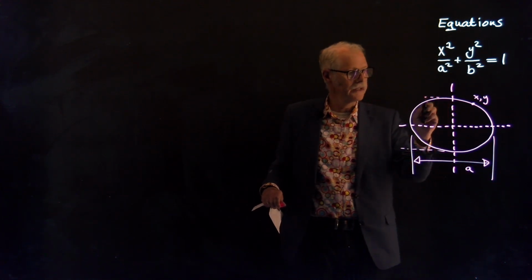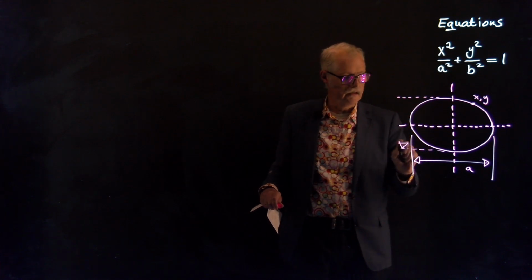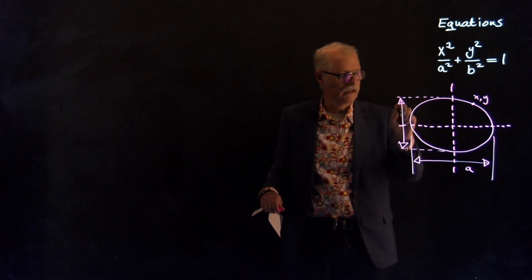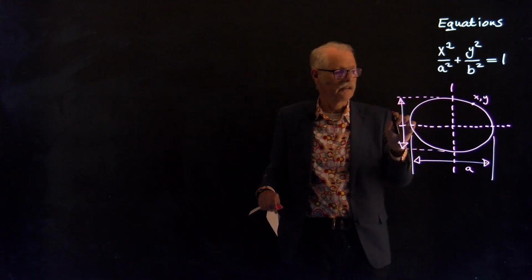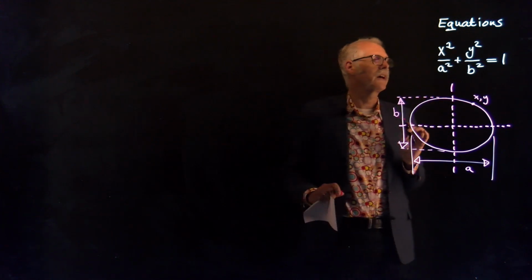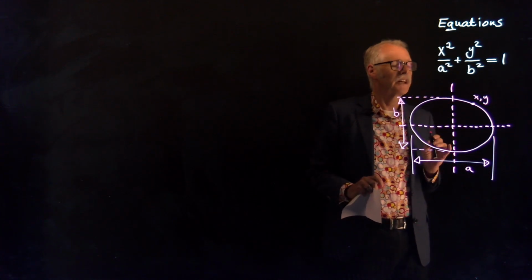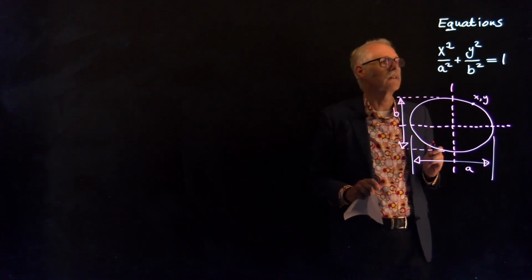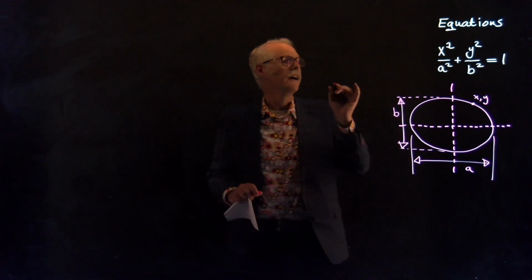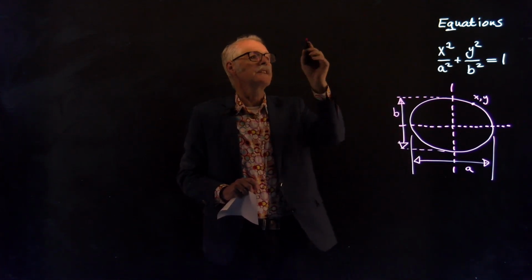But in practice, this equation is not very useful. It's nice if you like algebra, but if you like to make generative programs for all kinds of aesthetical purposes, then there is another equation which is much more convenient, namely the parametric equation.